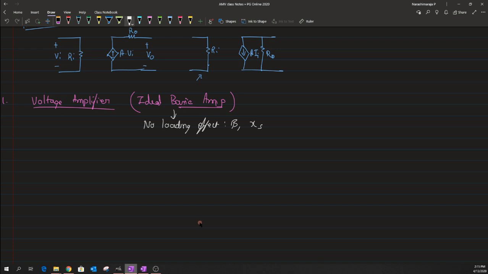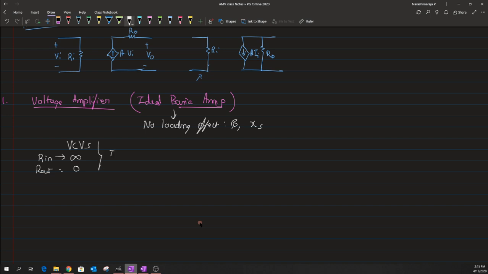In this case the voltage amplifier is basically a voltage controlled voltage source, and that is what we have modeled earlier, right? And we generally want this input resistance to be as high as possible. Ideally we want it to be infinity, and R out of this basic amplifier is supposed to be equal to 0.